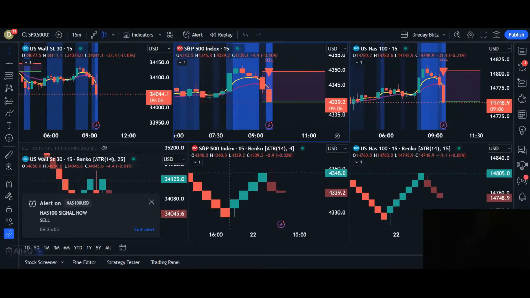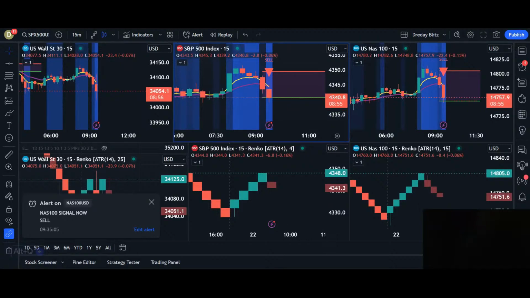So we have Nasdaq showing us a sell signal here. Once again, we would have to wait until the news event is done.